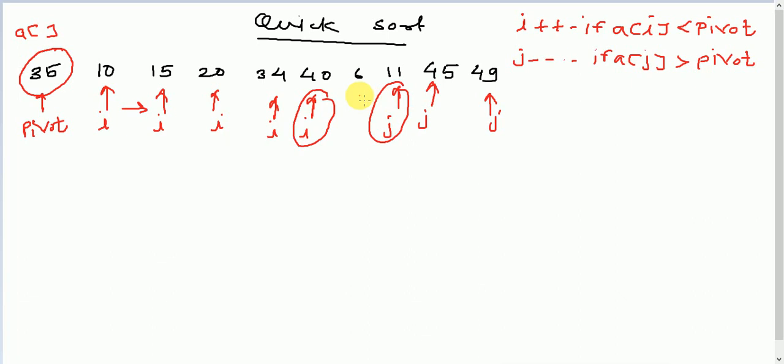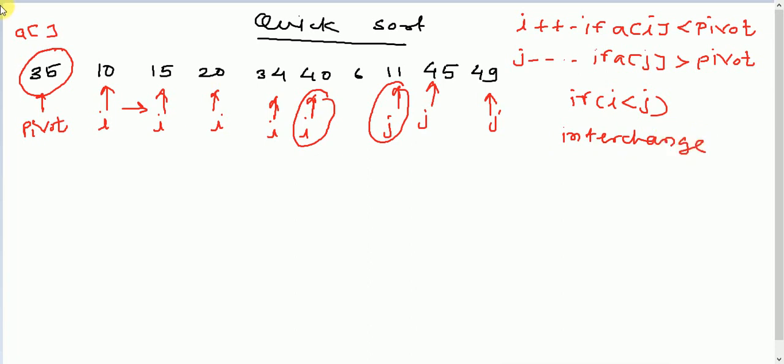Now what am I supposed to do? If my i and j are not intersecting with each other, then I am to interchange A of i and A of j. So I'll interchange them.